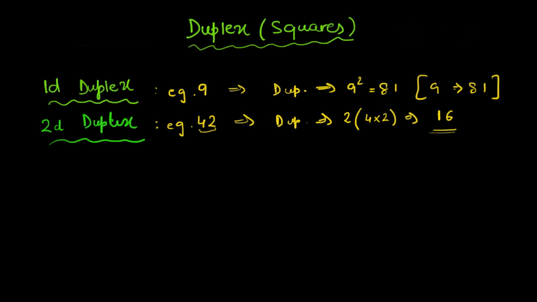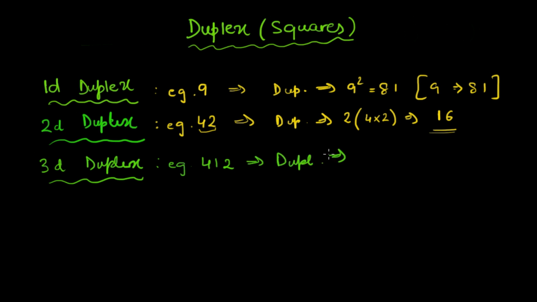Alright, so for 3-digit numbers, let's say we have, for example, 412. Its duplex will be the product of the first and the third number multiplied by 2, plus the square of the second digit.